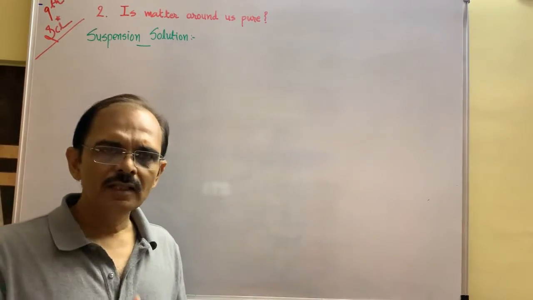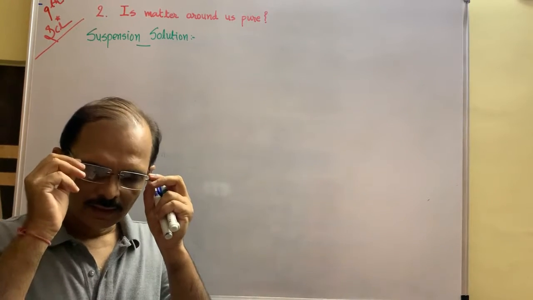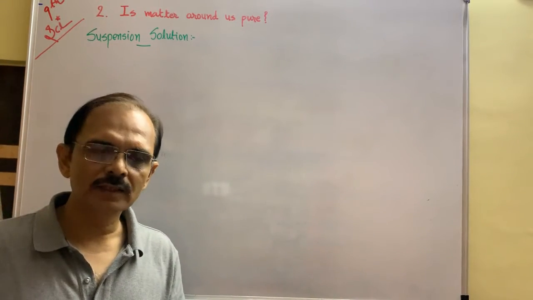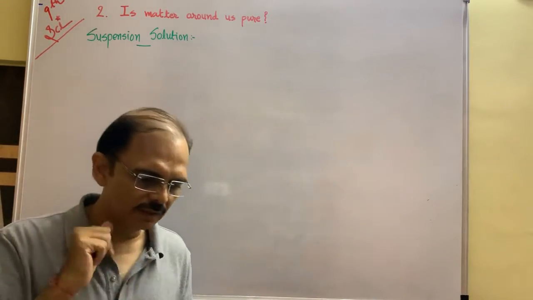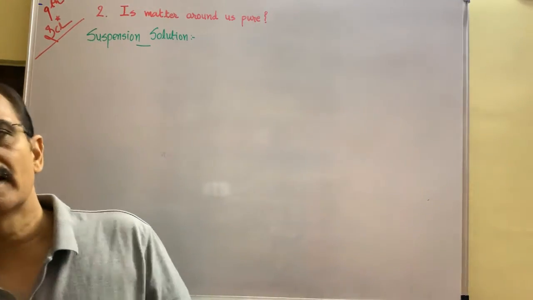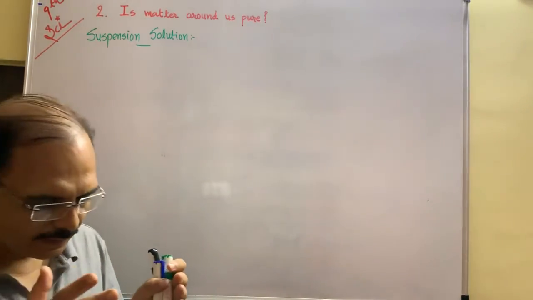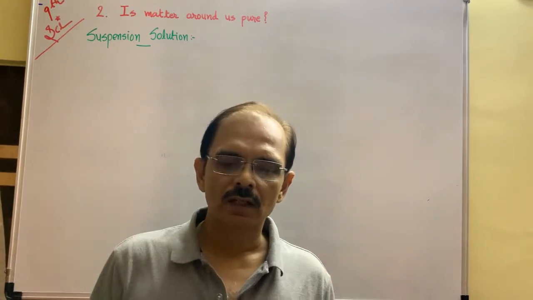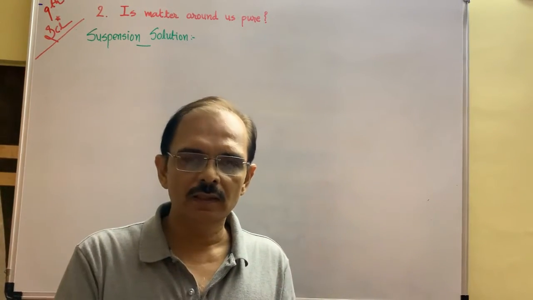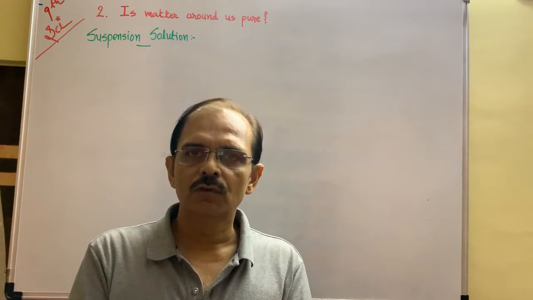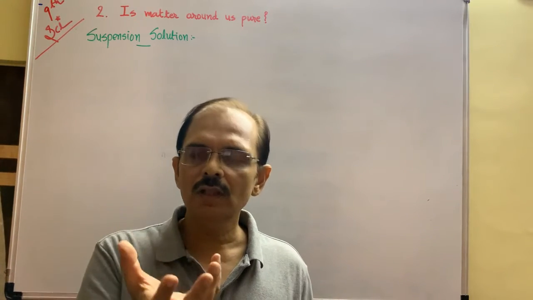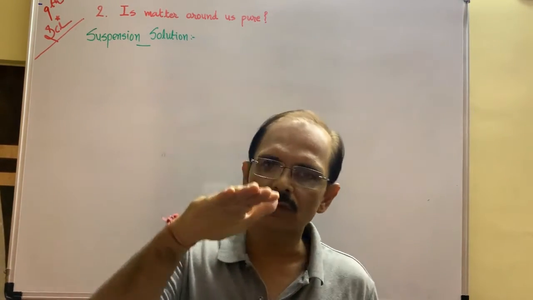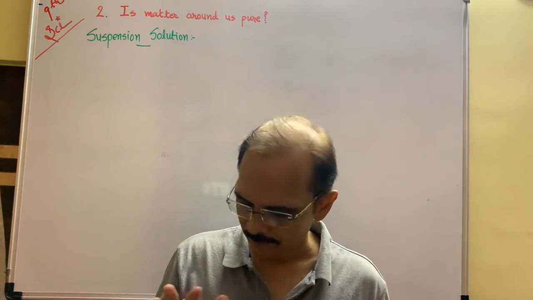Now see, in the muddy water you can see the solute particles which are not dissolved. You can also check that if you place this suspension solution undisturbed on the table for some time, then all these solute particles settle down at the bottom, right?